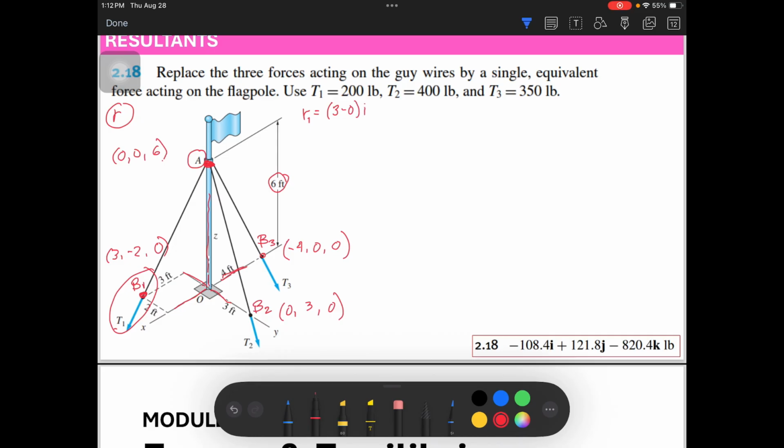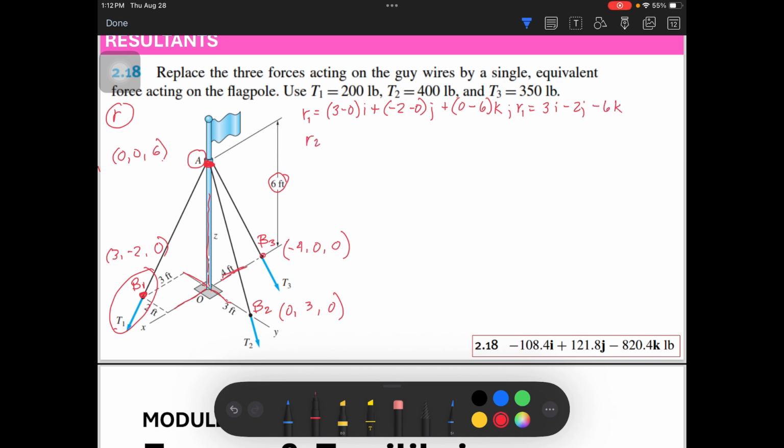That is your I. Plus, ano yung mga Y niya? It's negative 2 minus 0. That's your J plus, what's your Z? 0 sa kanya minus 6. That's your K. So, our R1 is equal to 3I minus 2J minus 6K.